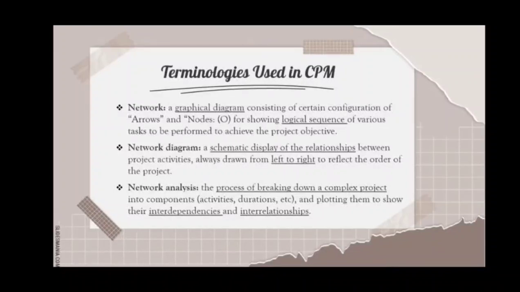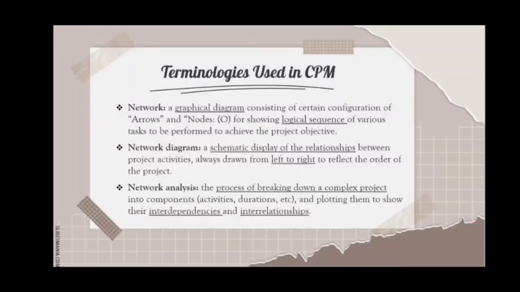Now, network diagram is a schematic display of the relationships between project activities, which is always drawn from left to right to reflect the order of the project.